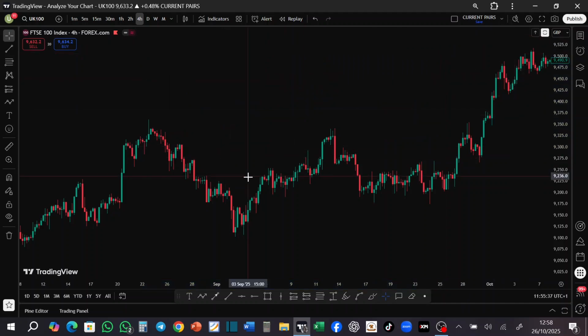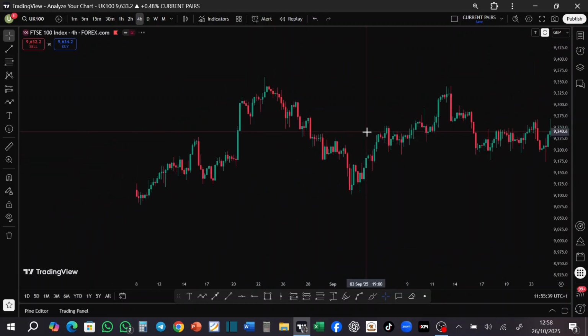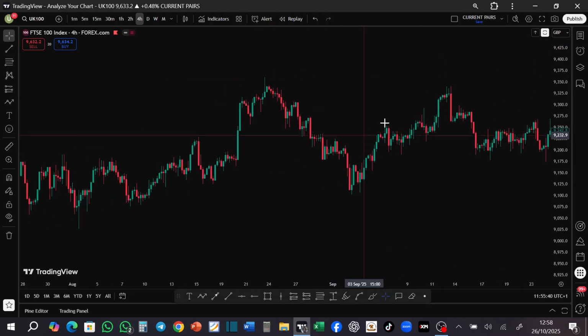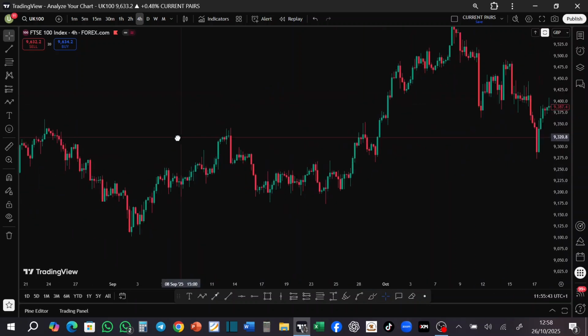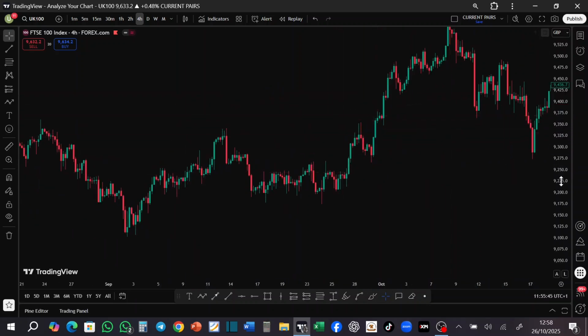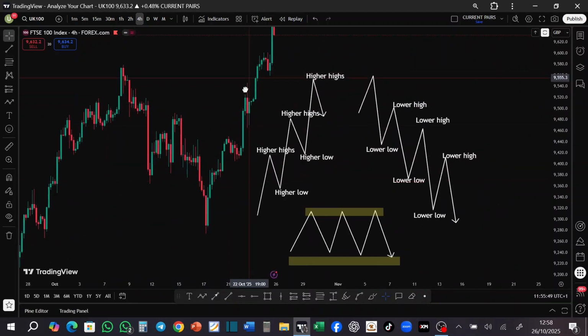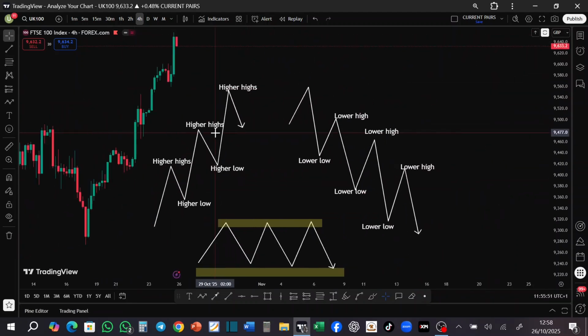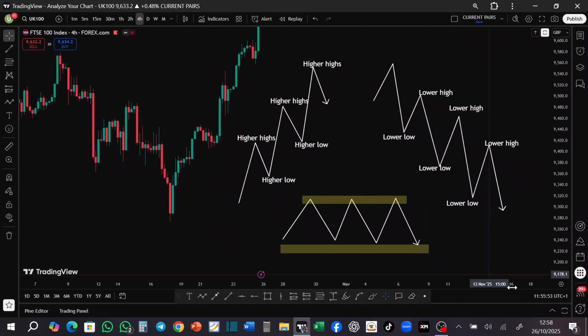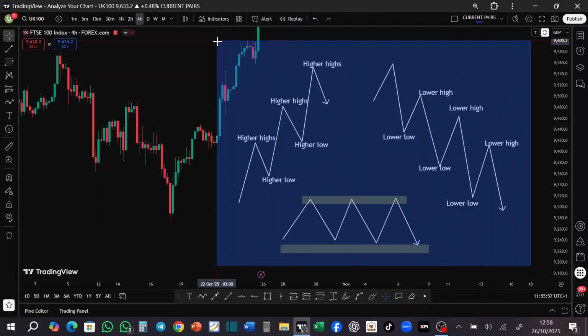Now, when you are in a certain trade, when you are on a chart trying to analyze and understand where the market is going to go, it is upon us to identify the structure. Let me just get rid of this first.